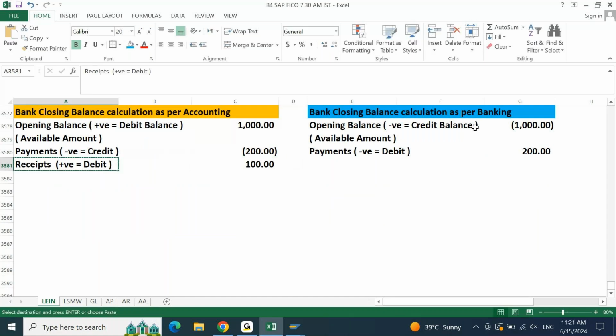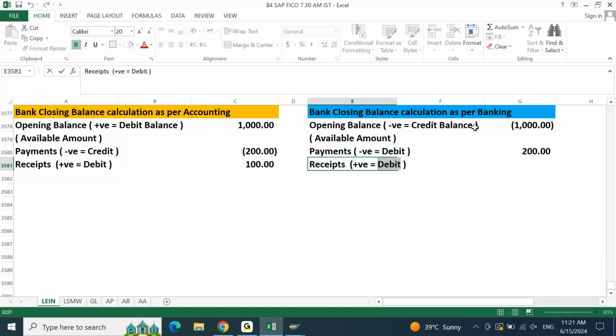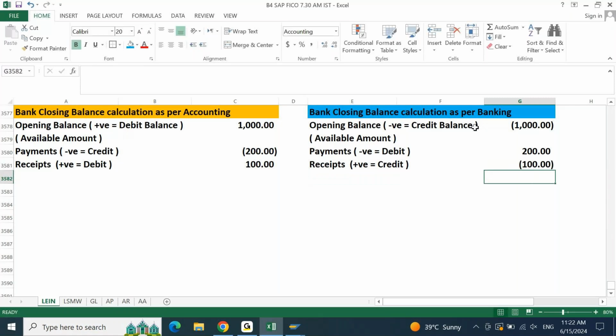Same thing I am going to put here for receipts also. Now according to banking, positive means credit. According to banking, addition means credit. Now you are going to put minus 100 here. If you again notice, same amount is coming, but the sign is getting changed. Plus is becoming minus, minus is becoming plus.